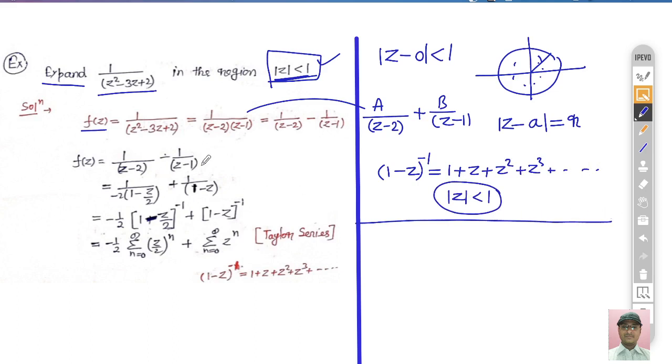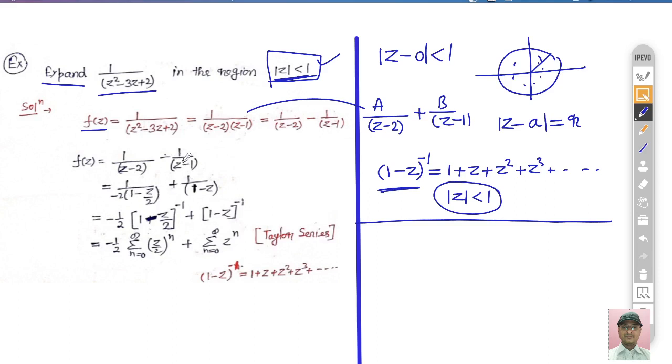So here we have to follow the same procedure. Now for Z minus 2, you can take common minus 2, so that it becomes the form 1 minus Z by 2, right? Once you take common minus 2, it will be 1 upon 1 minus Z by 2.